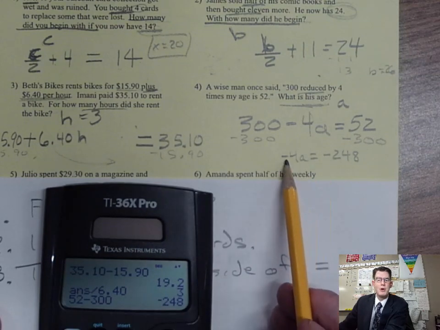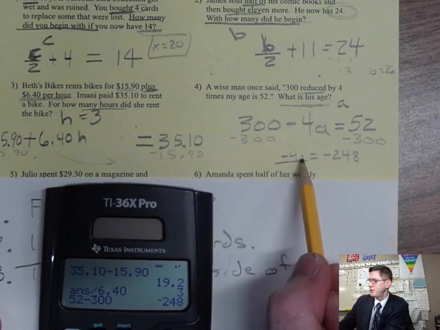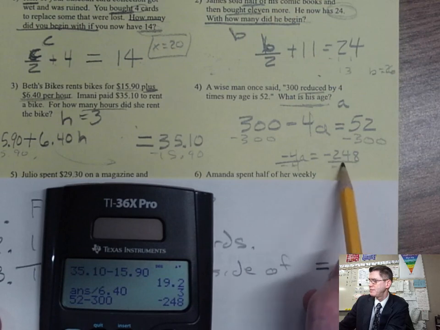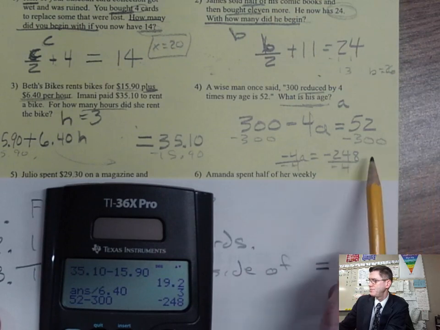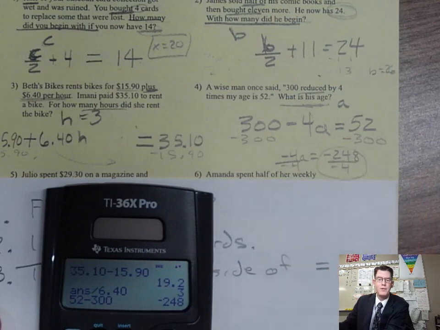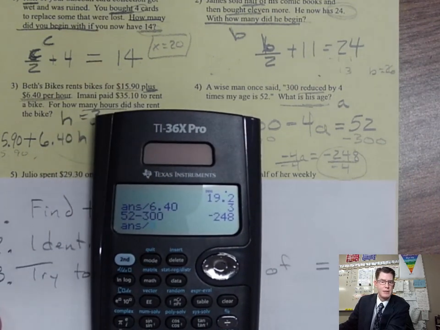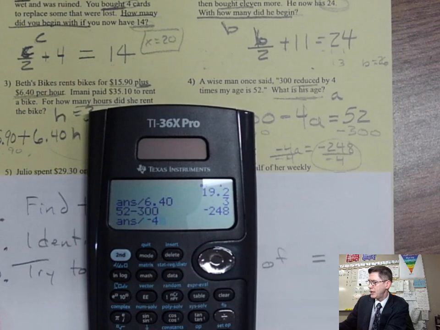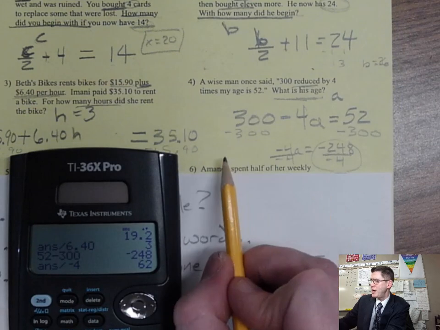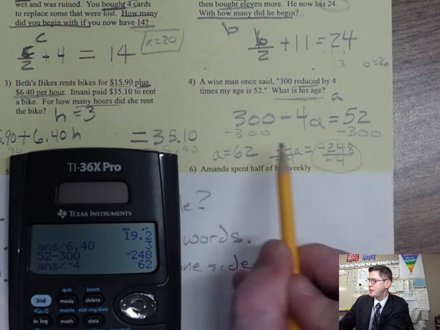And then the one-step equation, divide by negative 4 on both sides. Negative 248 divided by negative 4. That wise person's age is 62.